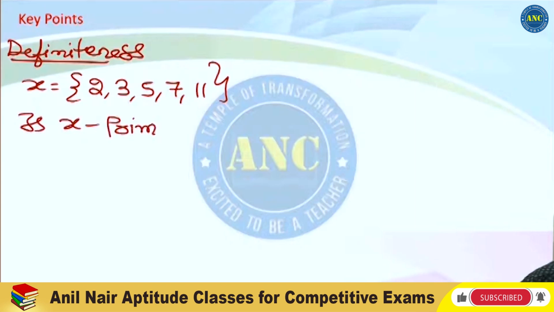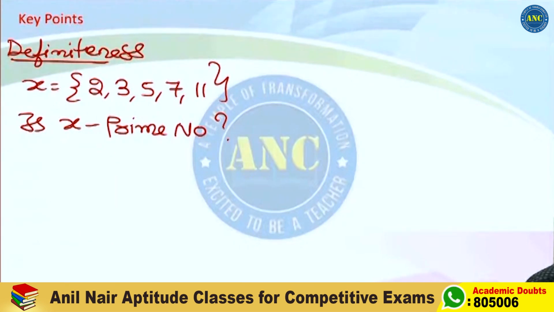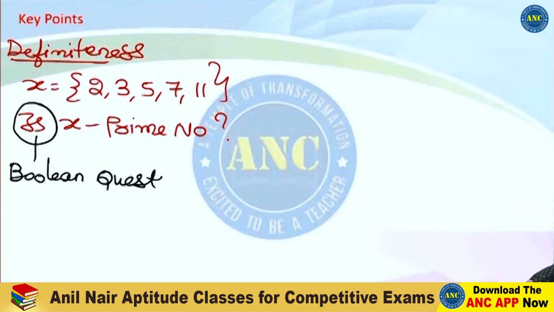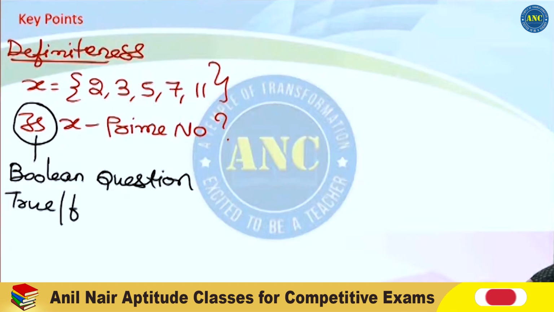When questions start with "is", these are all Boolean questions. What do you mean by Boolean questions? True or false questions. That means the answer will be either true or false. Is x a prime number?